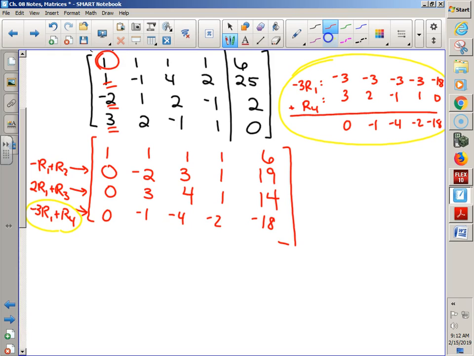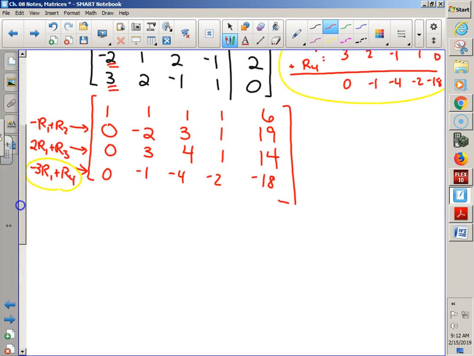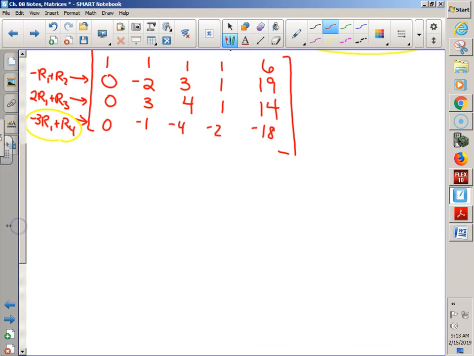So what's my next objective? Column 2. Let's go work on the y's. Does that make sense? Now, we could call this row 1, row 2, row 3, row 4, row 5, row 6, row 7, row 8, or we could just say row 1, row 2, row 3, row 4. I don't want to keep on renaming every single row, so if you guys don't mind, we're going to cover up the old one and just use the new one. Does that make sense every time?